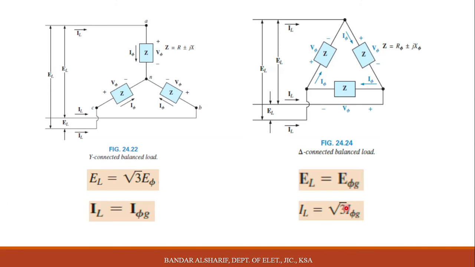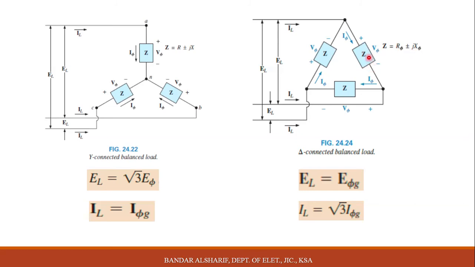To remind you, we are talking about a balanced system. Balanced system means the impedance for each phase equals the other. This Z equals this Z equals this Z impedance. For example, this can be a resistor with an inductor, or a resistor with a capacitor, or a resistor only.